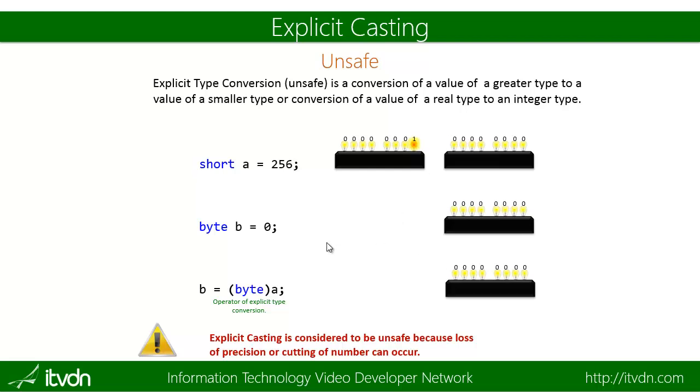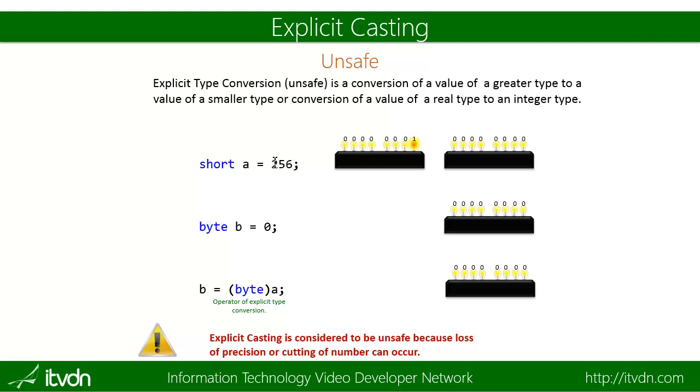But in any case, look at this. We have created a short typed variable. We named it a and assigned a value of 256 to it. This 256 is purposely put here because I want to show you that a short can hold 256, but a byte cannot hold 256. Remember, the maximum capacity of a byte is 255, so it can only hold a value of 255.